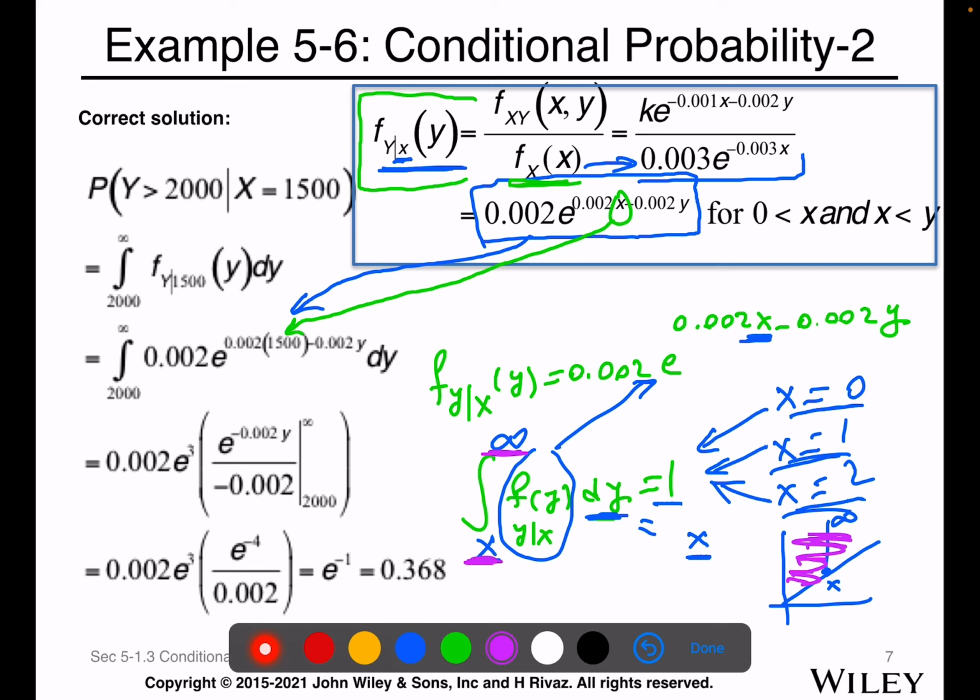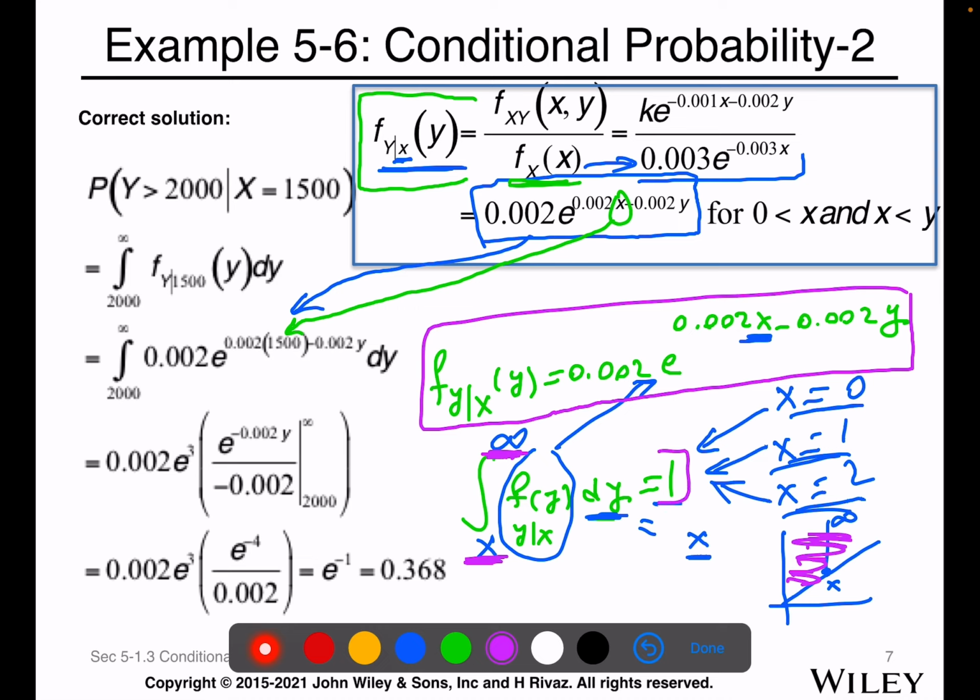Once you plug in the bounds, the x's cancel out, and you will get a 1 at the end. So both of you were right. x is a constant, so for every x, we will get 1.